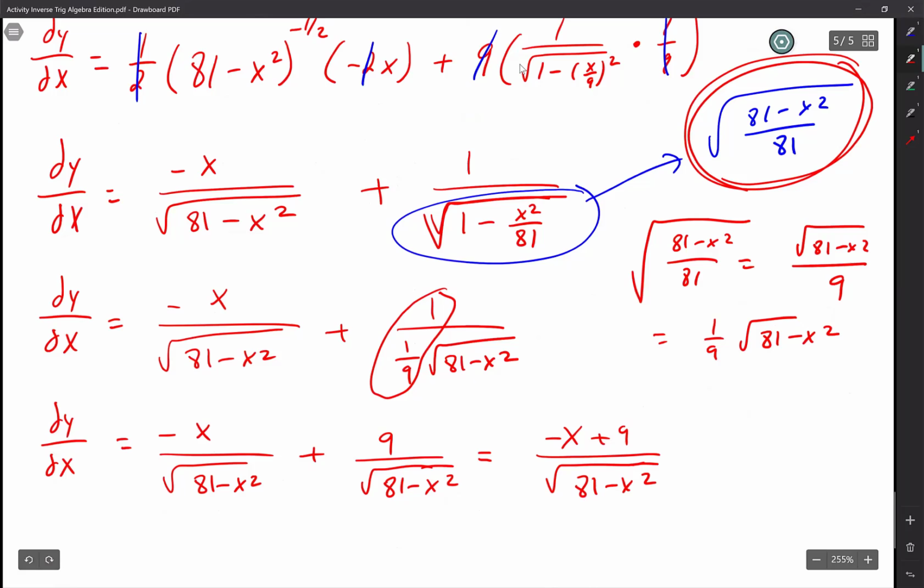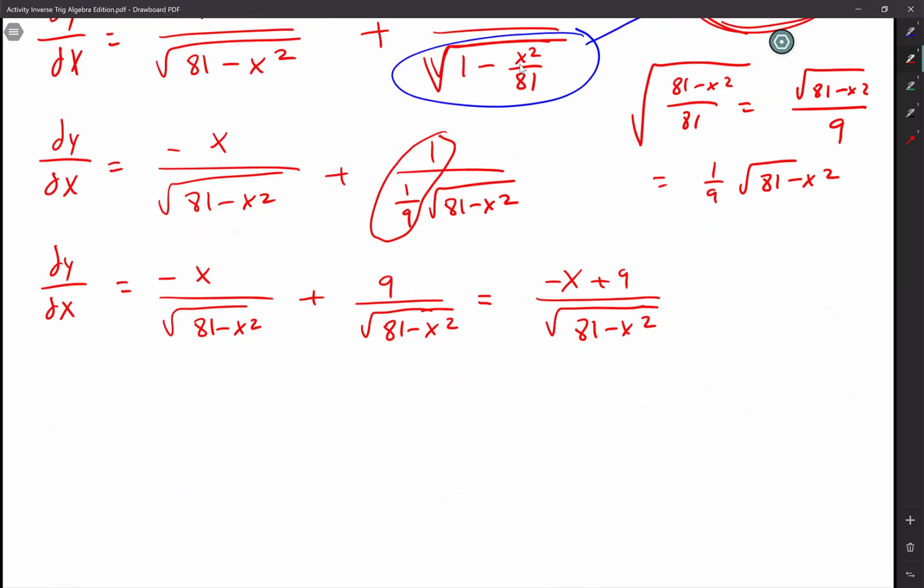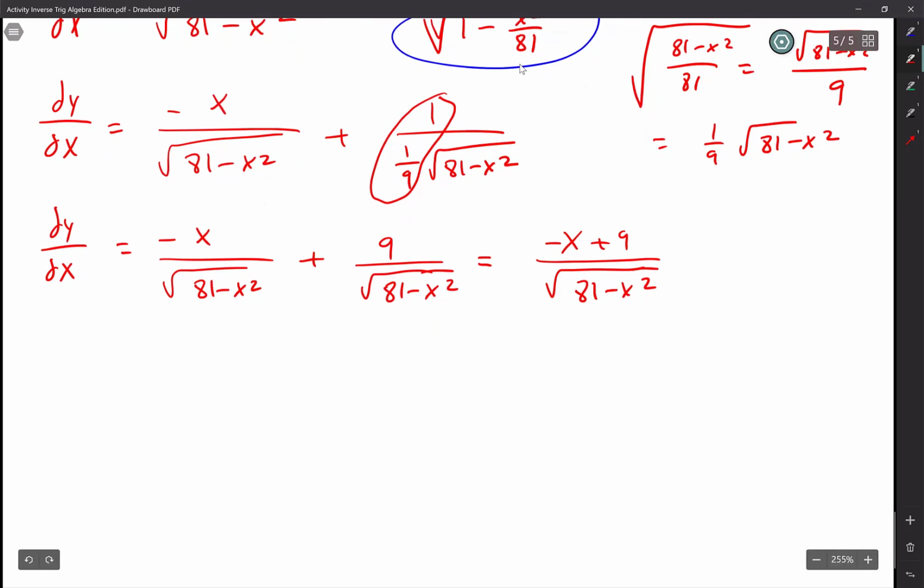I don't know. Guys, don't say that. Yeah, you do. You took algebra. What is the 81 minus x squared? Oh, perfect. It's a what? It is. It's a difference of squares, guys.